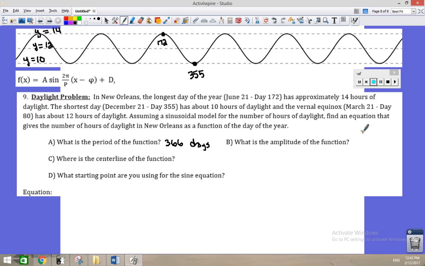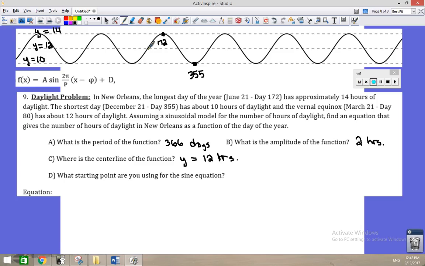The amplitude is 2 hours. And the center line is 12 hours. What point would we like to use for the center line?